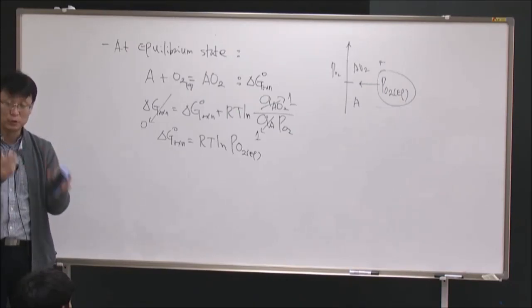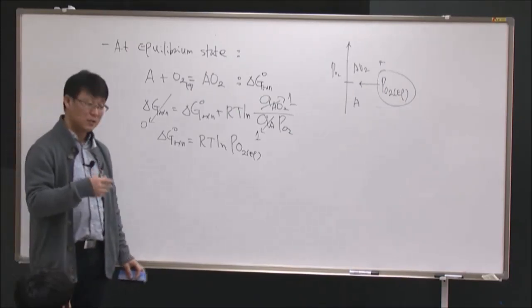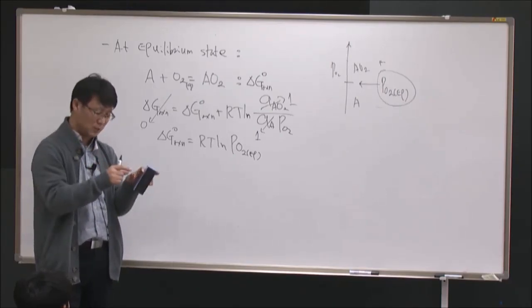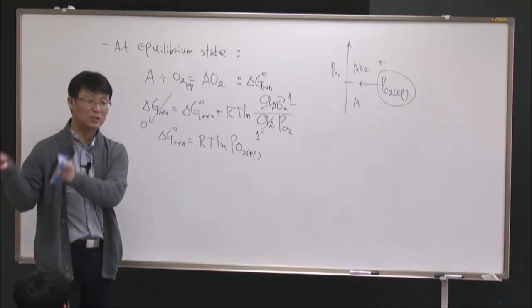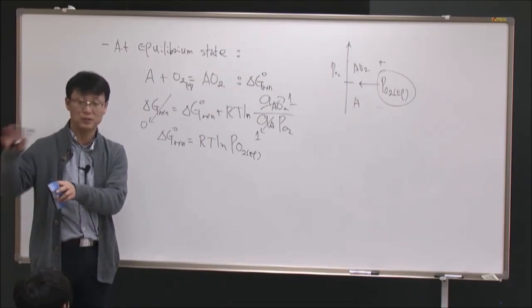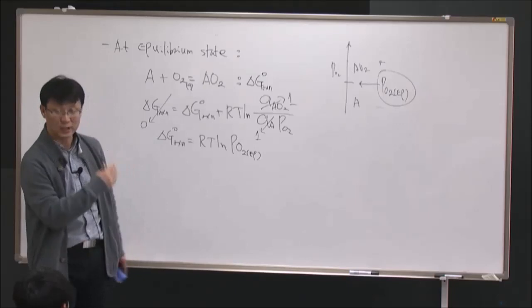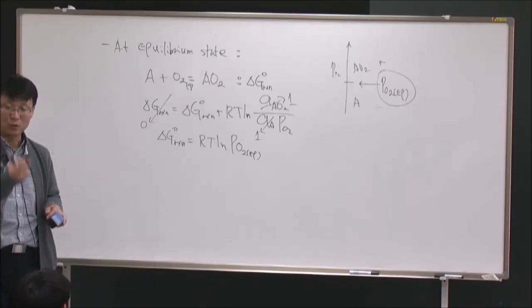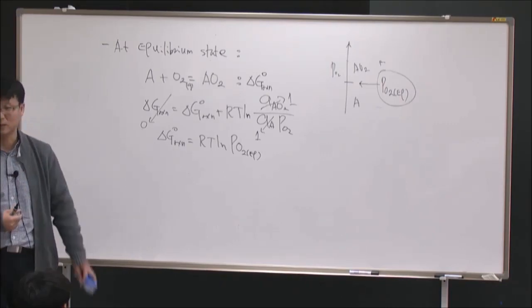And then, if you know those kinds of theoretical values, and you compare that with the real process value, the real partial pressure of oxygen in the system, you can tell whether the A becomes oxide or the A oxide is reduced back to the A metal.